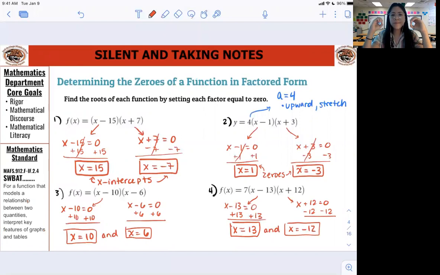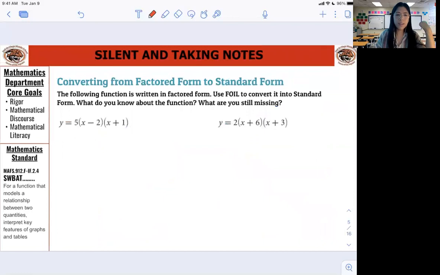The vertex, yes. So I know where the x-intercepts are, but if I wanted to graph this, I can't because I don't know what the vertex is. So luckily, we can convert this from factored form to standard form.